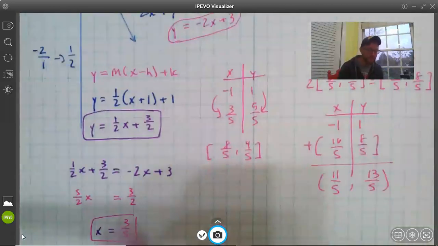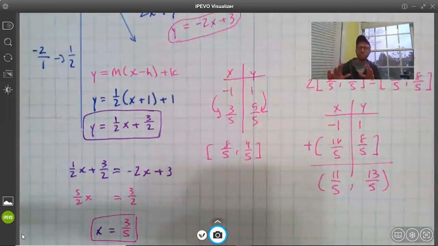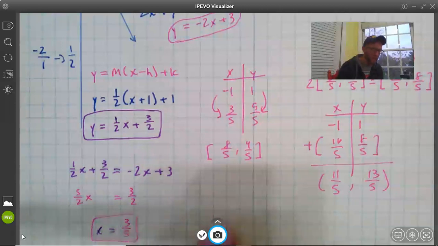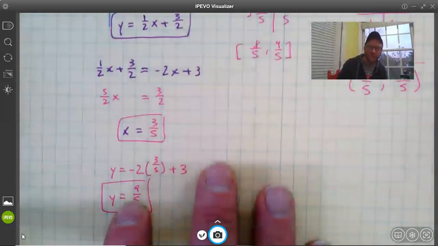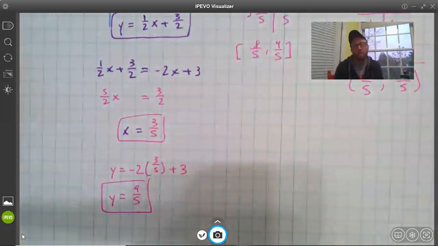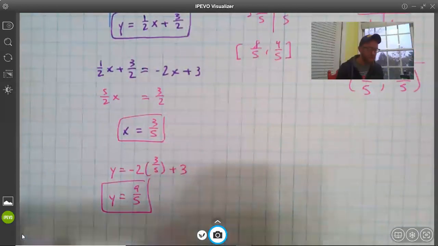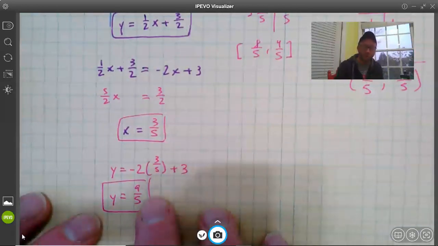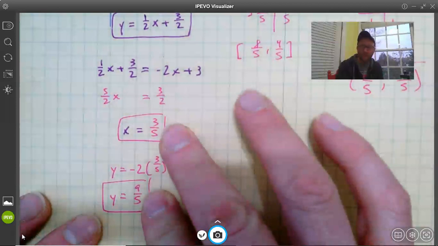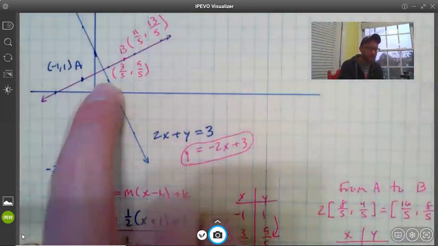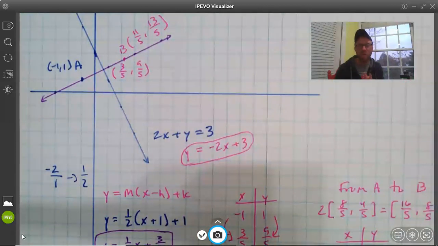We did that by setting the two mx plus b parts of the equations equal to each other and solving for x. Once you get an x value, you substitute that x value back into one or both, if you want to be sure, of the two equations to find the y coordinate for the point of intersection. Once we have an x and a y coordinate for the point of intersection, I always like to go back and look at the graph and see if those coordinates make sense. They looked okay, and they did.